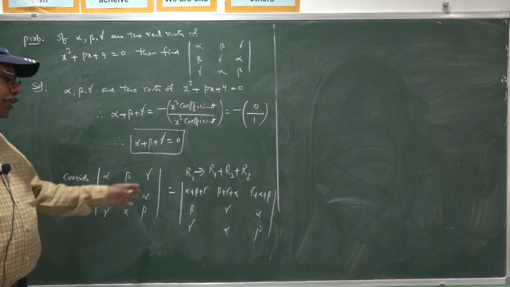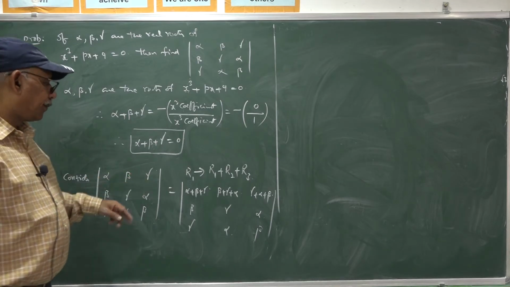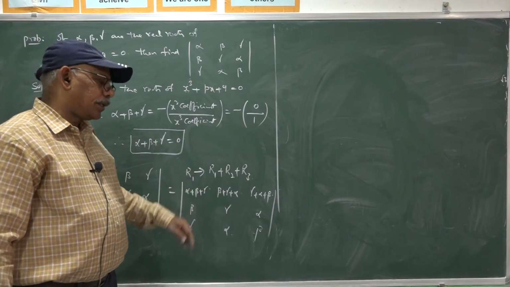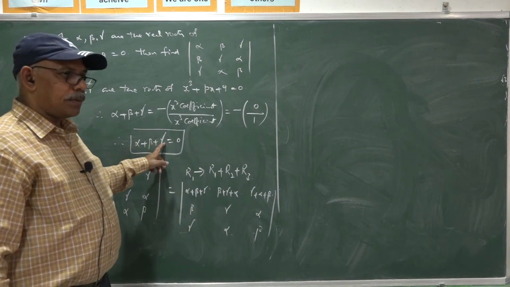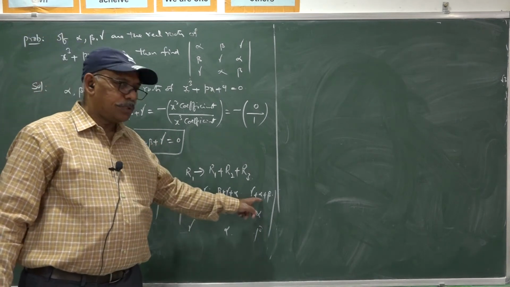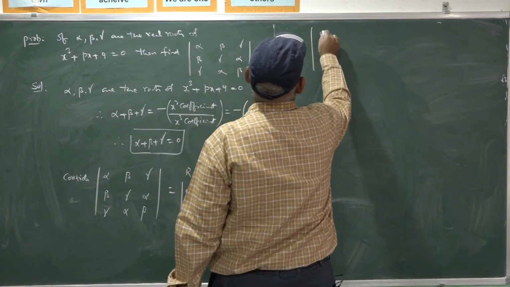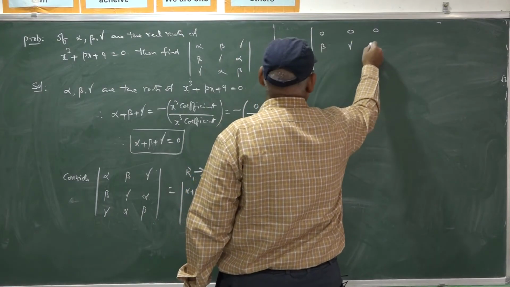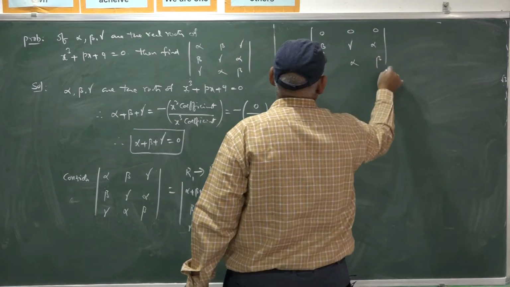Once you take that transformation, R1 goes to R1 plus R2 plus R3, the first row elements become alpha plus beta plus gamma. Since alpha plus beta plus gamma is 0, this is 0, this is 0, this is 0. Hence the determinant becomes 0, 0, 0; beta, gamma, alpha; and gamma, alpha, beta.